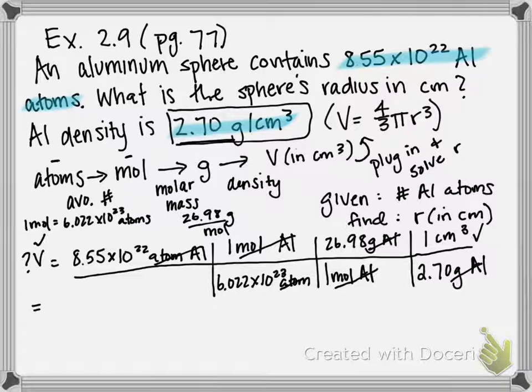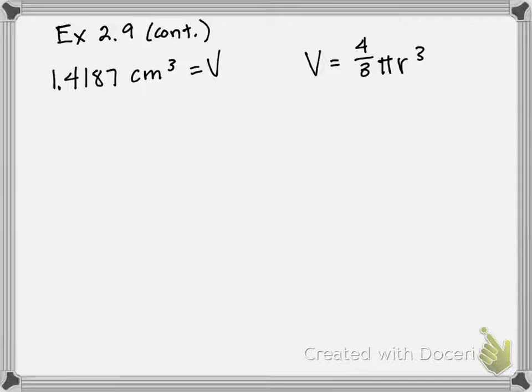So if we multiply across 8.55 times 10 to the 22nd times 26.98, take that number, divide it by 6.022 times 10 to the 23rd, and divide that by 2.7 grams, you should get 1.4187 centimeters cubed.